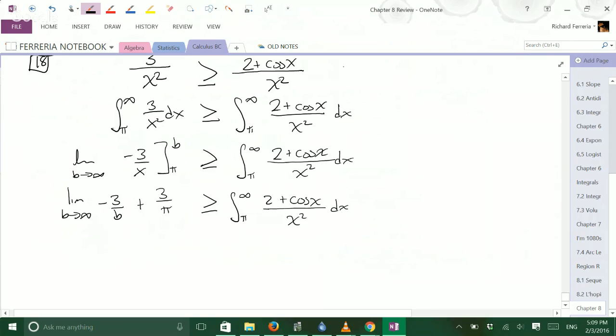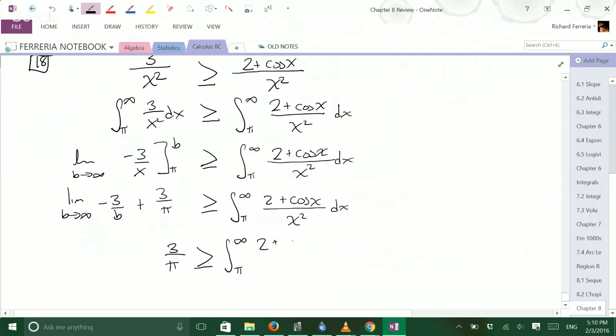No dx. Okay, what is this limit, 3 over b? 0. Good. So this integral has to integrate to something that is less than 3 over pi.